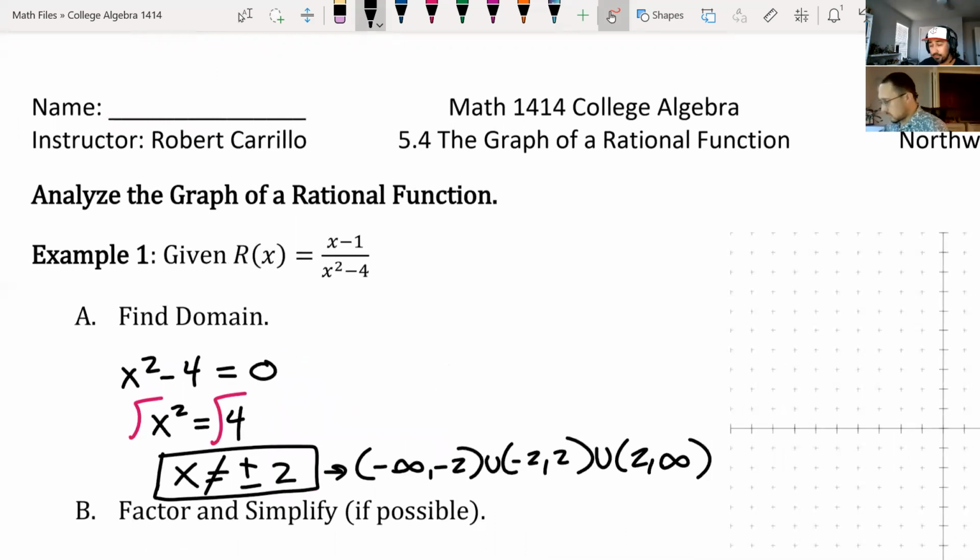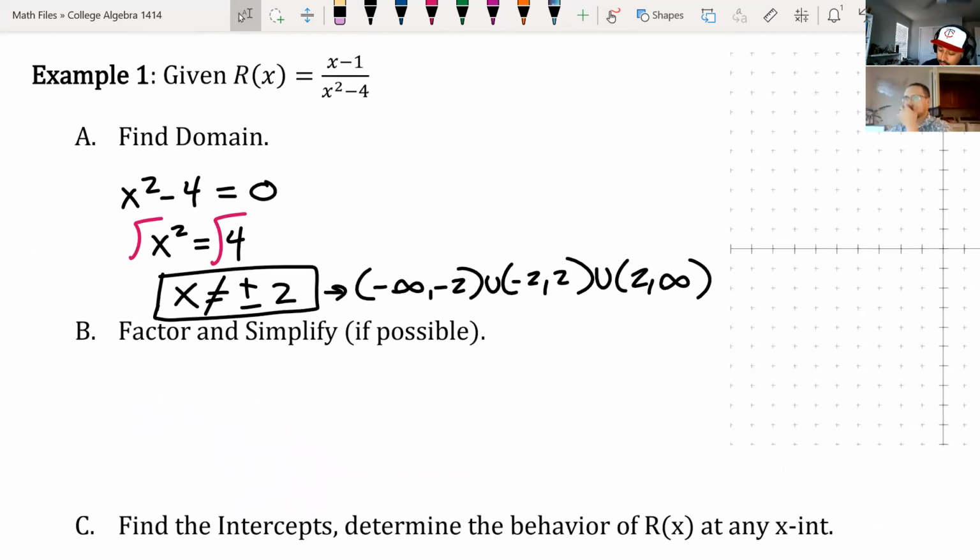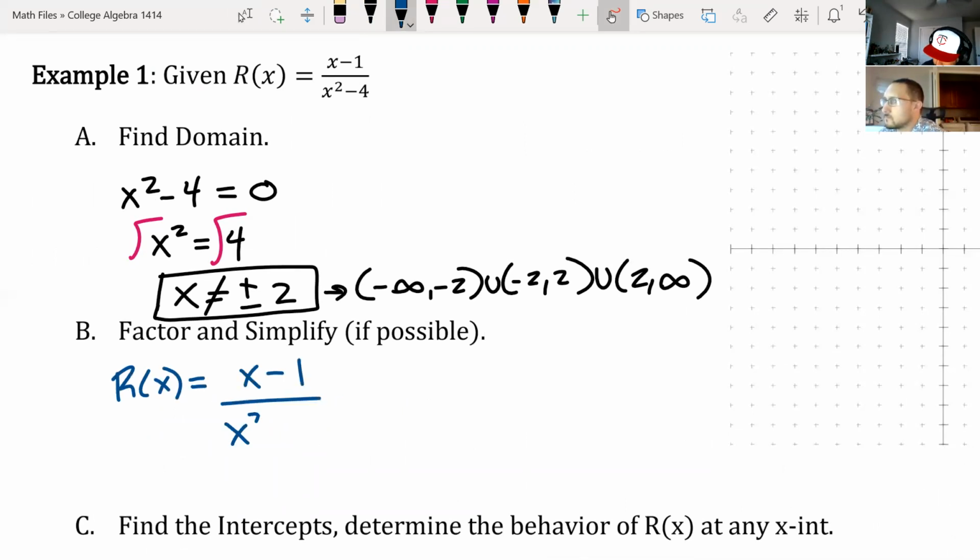Okay, so first step is always find domain. Next, we are going to factor and simplify the function if possible. So we look at the original function, r of x equals x minus 1 over x squared minus 4. And we see that you can factor the denominator.